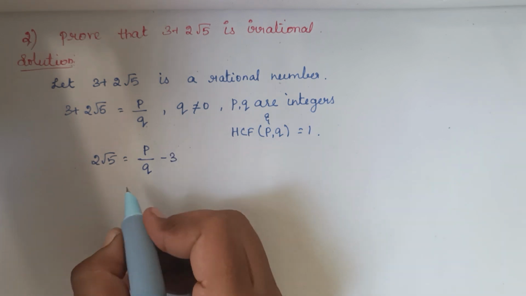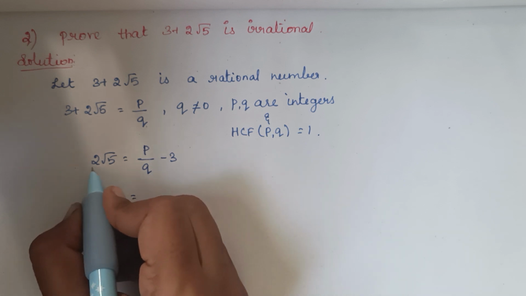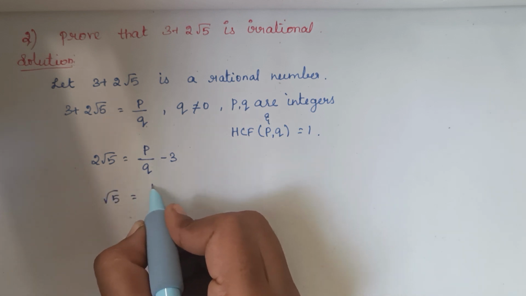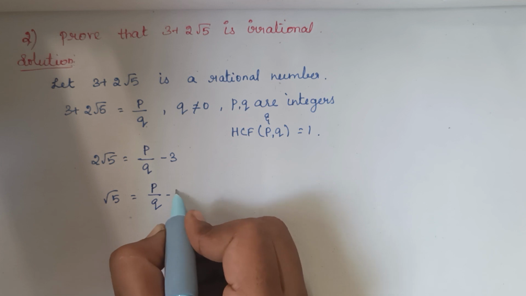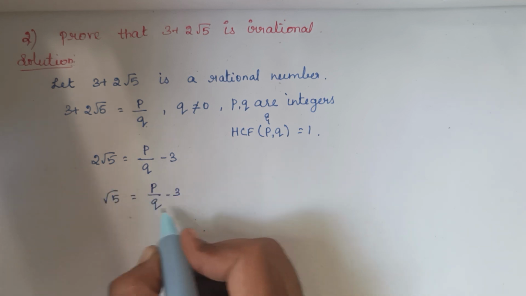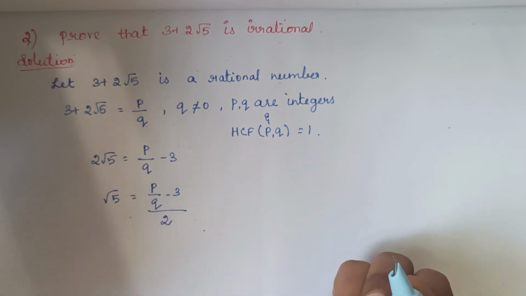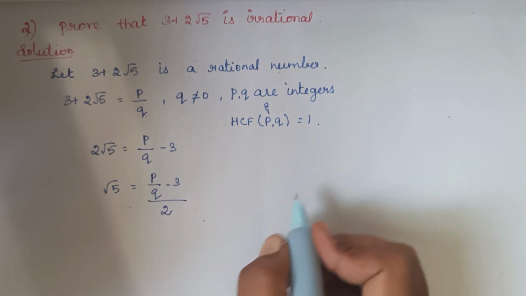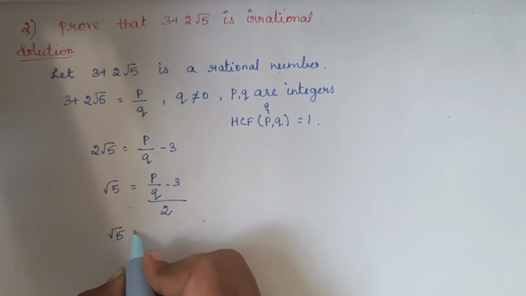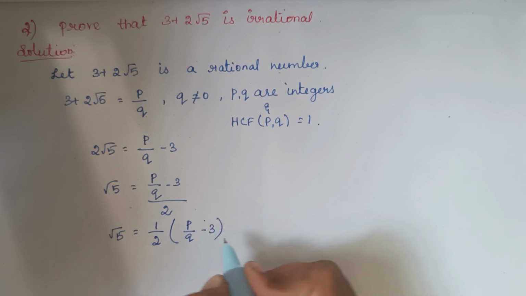Now root 5 is equal to, bring this 2 down, P by Q minus 3. It is in multiplication, so when it goes to the opposite side it turns into division, divided by 2. So we can write root 5 is equal to 1 by 2 into P by Q minus 3.